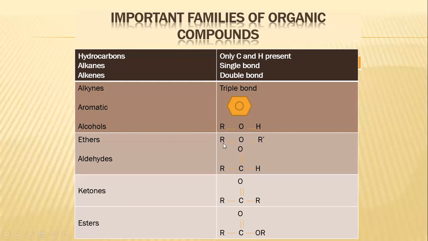Now, coming to the ethers. Alcohol and ethers are almost the same, but in place of hydrogen, we have the alkyl group. If ROH is there, you call it alcohols, and at the end you denote it with ols.